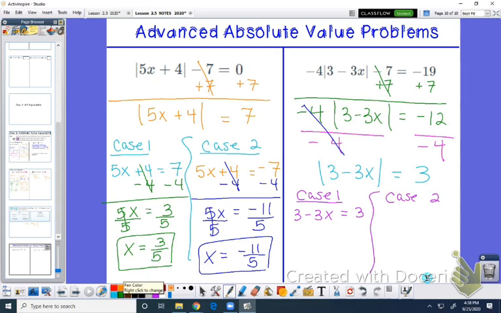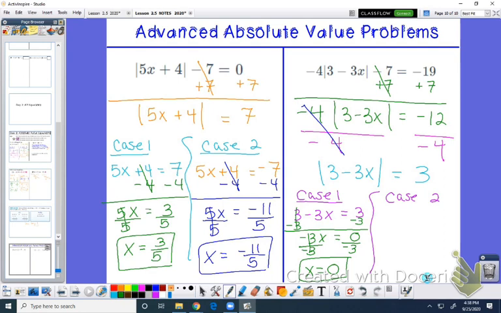We're going to subtract 3 from both sides. Those add up to 0. Be careful here. You're bringing down negative 3x equals 0. Divide both sides by negative 3. Negative 3 divided by negative 3 is 1, so x is equal to 0 divided by negative 3, which is 0, so there's one of your answers.